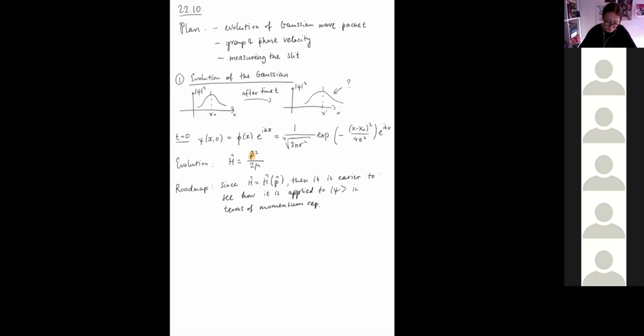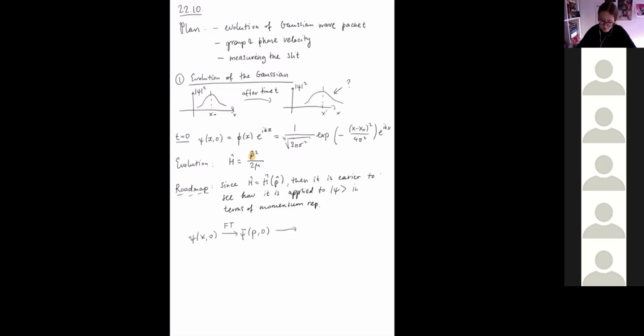Okay, so for this, what we can do is take our initial Gaussian at time t0, and find its representation in terms of momentum, psi bar of p and 0. And for this, we only need to do a Fourier transform.